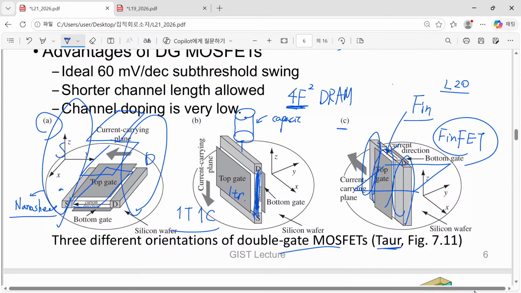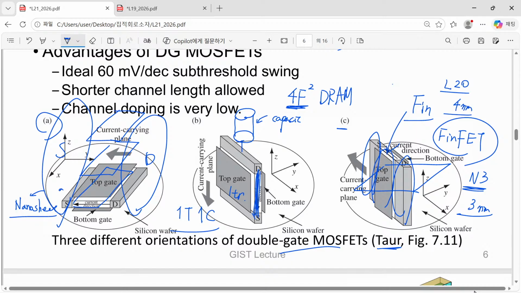That was the mainstream logic device down to the N3 node, corresponding to the 3 nanometer node for TSMC. And in the case of Samsung, they transitioned a little bit earlier. Their last FinFET node was their 4 nanometer node.